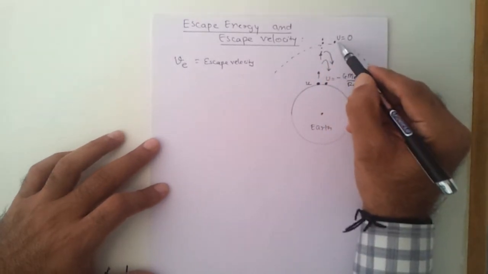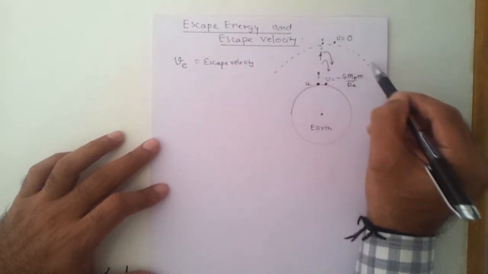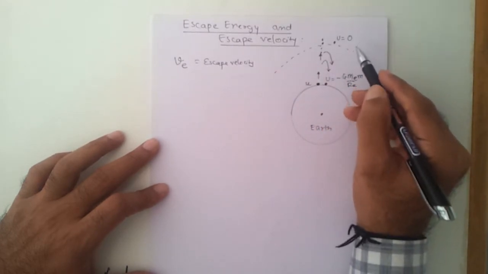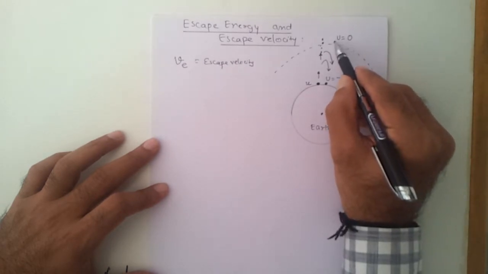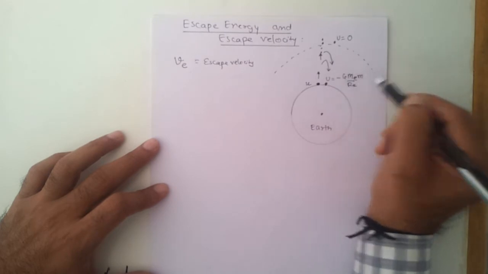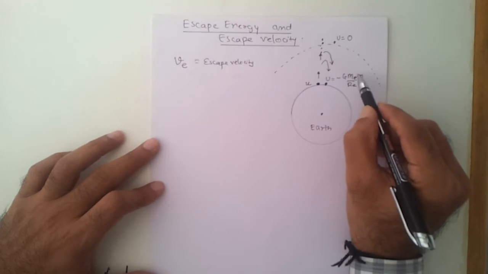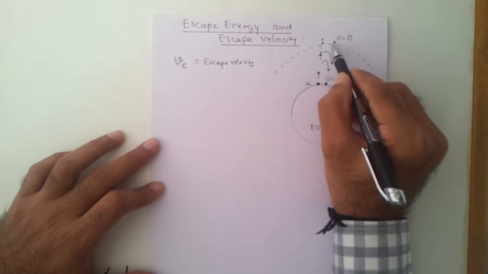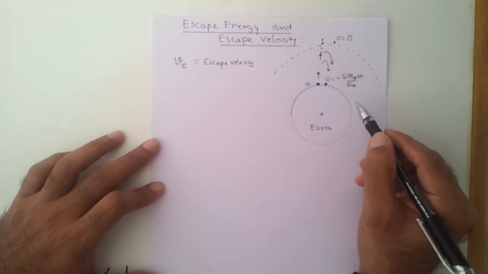If I take the potential energy of the object at infinity, or outside the gravitational field of the Earth, please note that infinity means outside the gravitational field, as 0, then the potential energy on the surface of the Earth is minus G Me m upon Re. What does this mean? This means that if I give this object energy equal to G Me m upon Re, it will reach infinity, or it will escape from the gravitational field of the Earth.